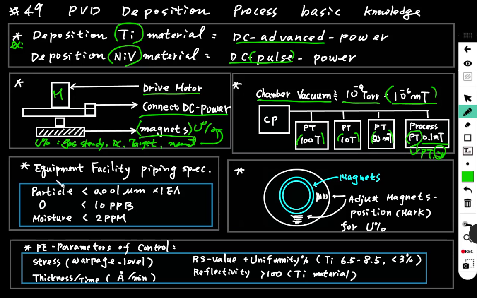Equipment facility piping also has its spec. The particle, for example, below this size at most just one.